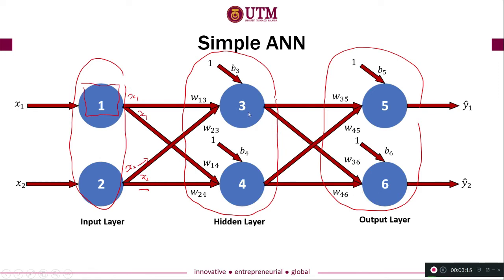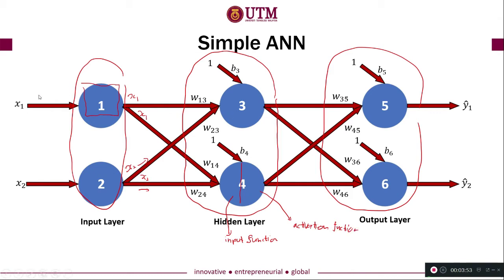For each neuron, you will have an input function, and then another function called the activation function. Each and every neuron will have both functions, but the input layer does not.